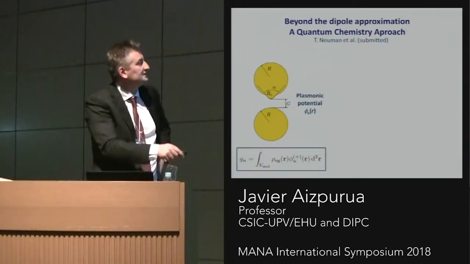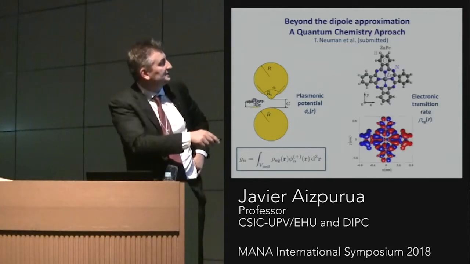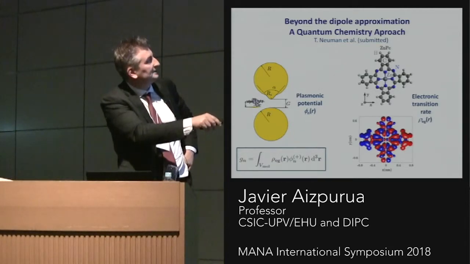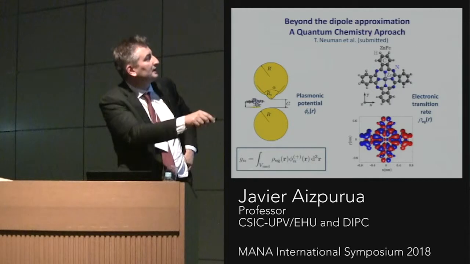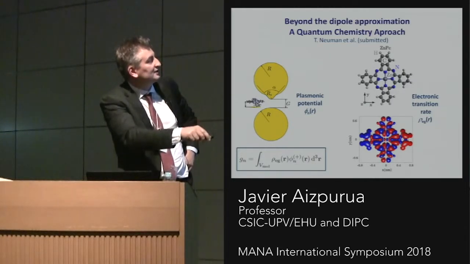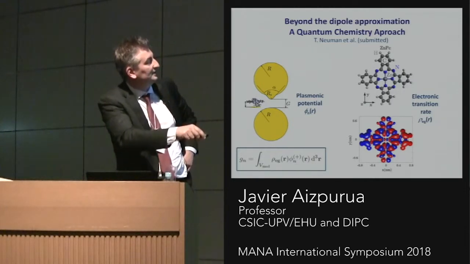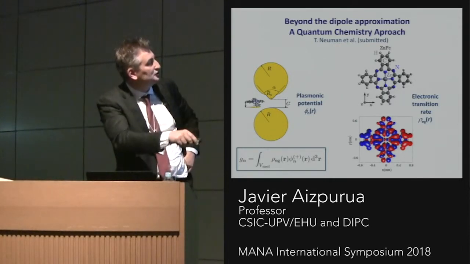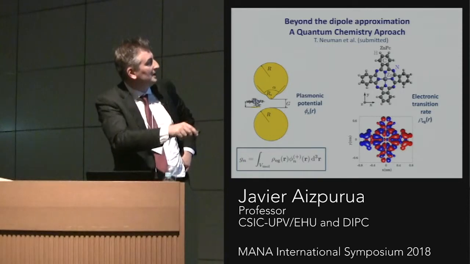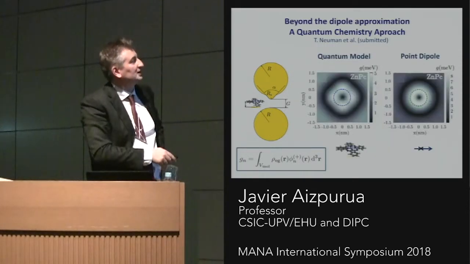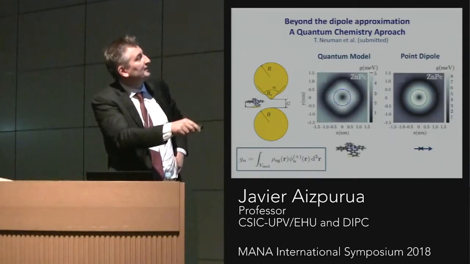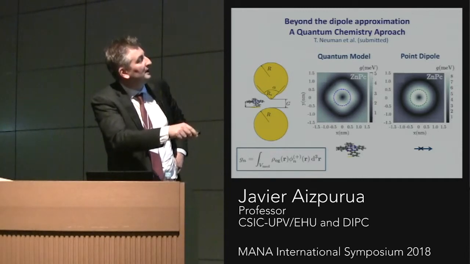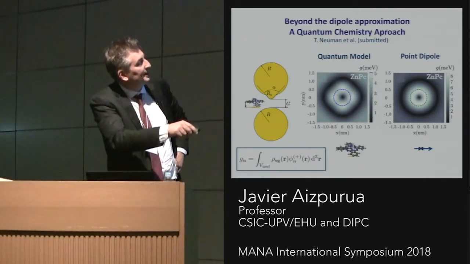So what we did recently is to take one of these plasmonic cavities, put a porphyrin like this zinc phthalocyanine molecule here, calculate the electronic transition rates, in this case a dipole like this, and then calculate the coupling strength from this ab initio approach with the full transition rate plus the full plasmonic potential. And when you do that, you compare the results of the point dipole in the cavity to the full quantum model, and you see that not only the value of the coupling strength, g, changes, but also the symmetries.